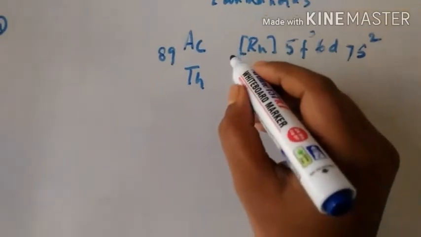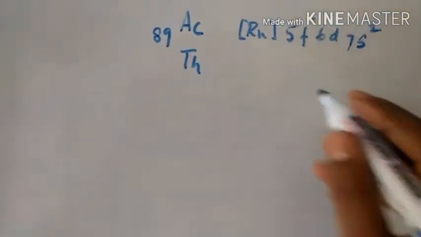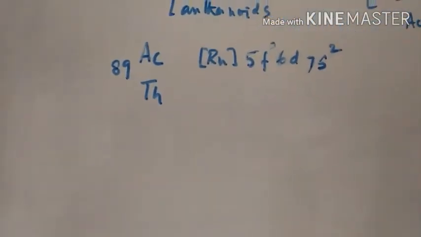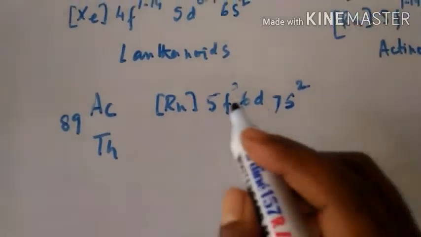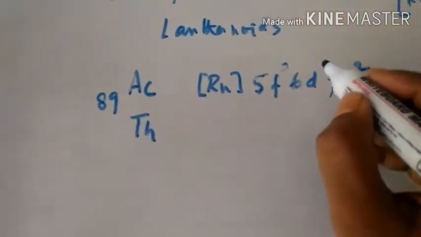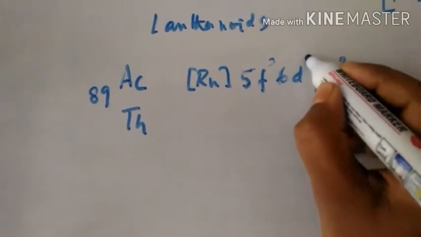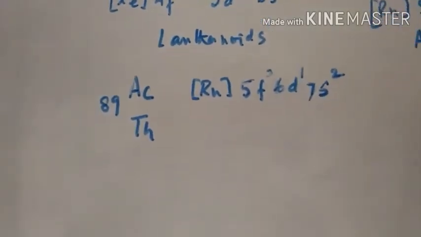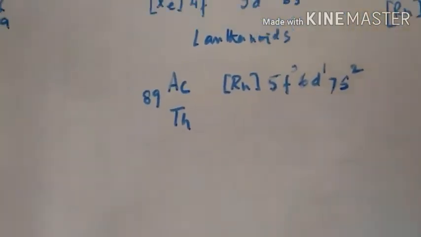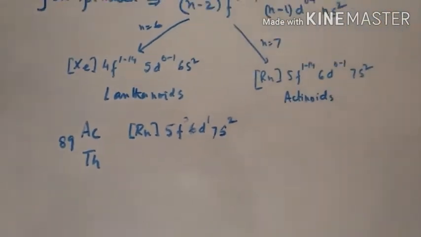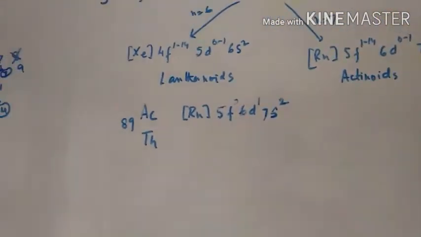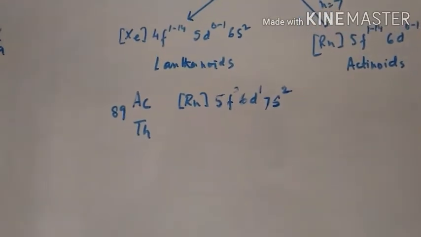And since you know that radon has the atomic number 86, there will be only 1 d electron left to complete this system. Now today we are going to start the proceedings of the electronic configuration of actinoids.